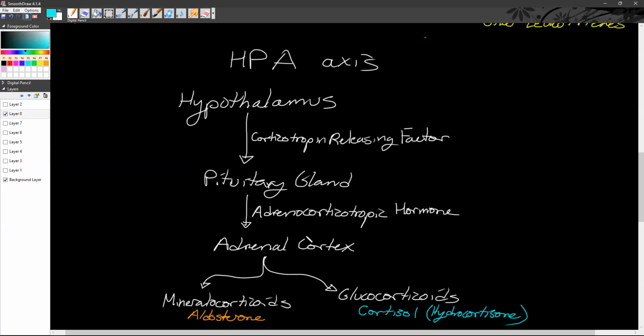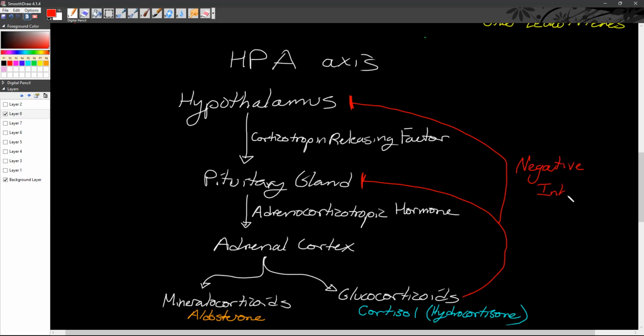So once the body releases some of the cortisol, it then uses feedback inhibition to turn off the HPA axis. This negative feedback is really important because, as we saw, glucocorticoids have a wide range of effects.